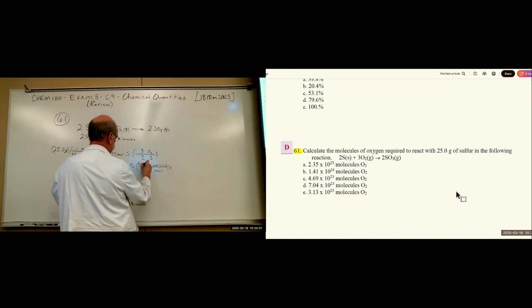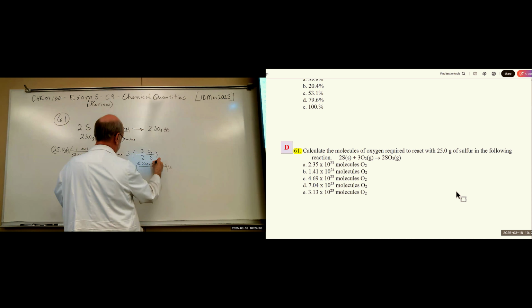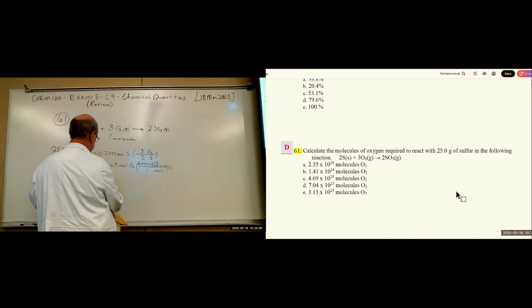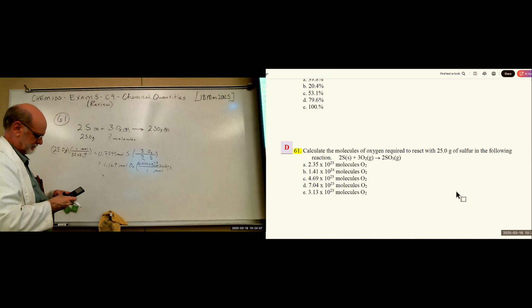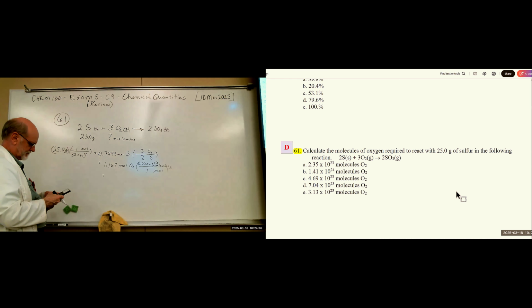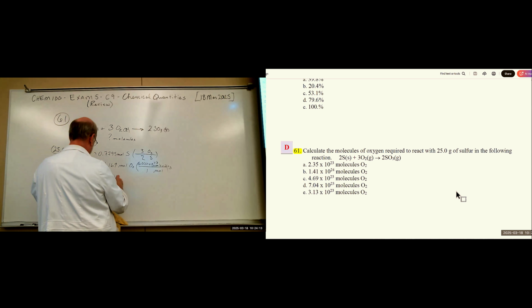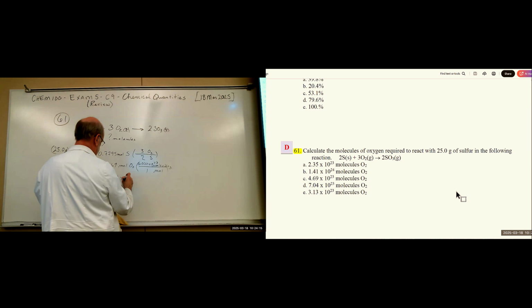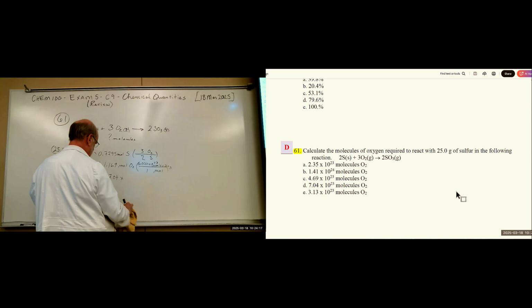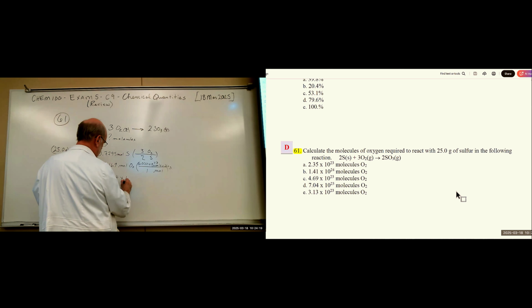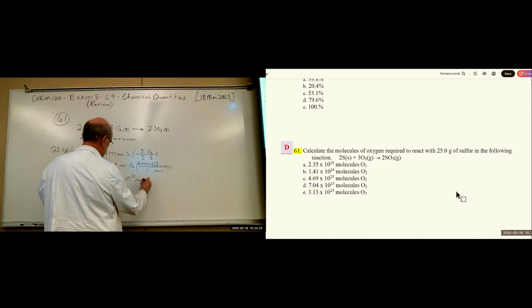Avogadro's number. And that's 7.04 and oops, 10 to the 23 molecules of oxygen.